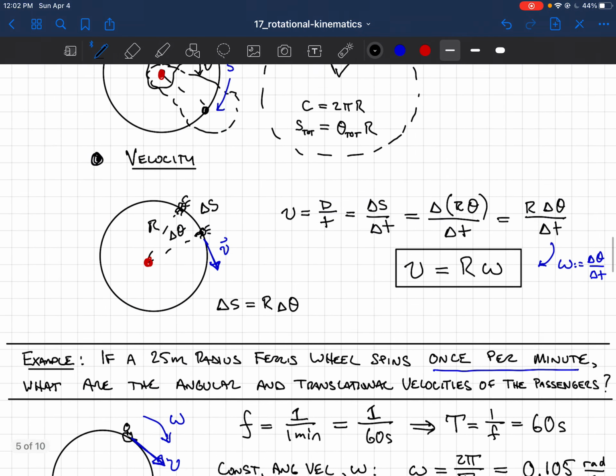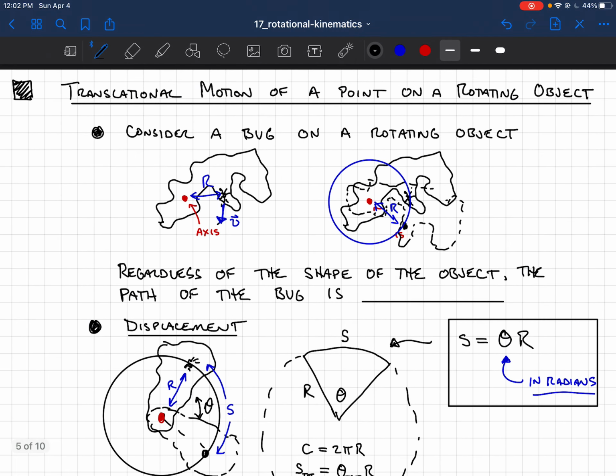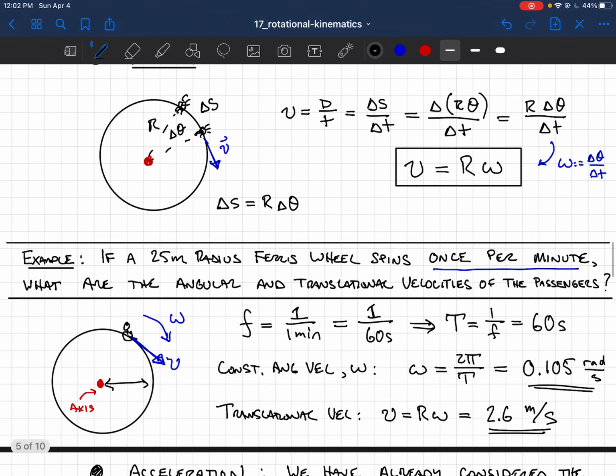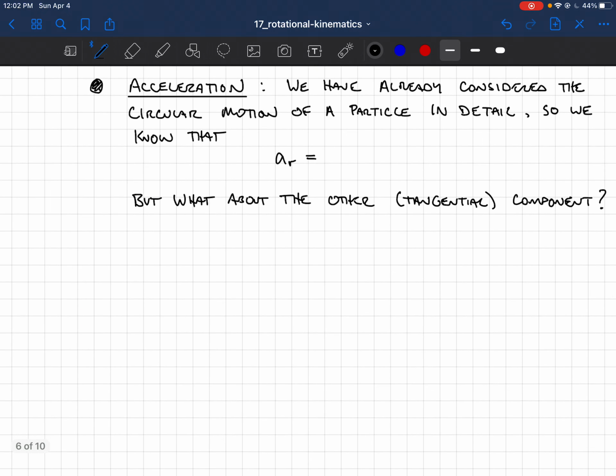Continuing on through, remember what we were doing here, we're comparing translational motion of a point to the rotation of the object. So we have one left to do, which is the acceleration. But in fact, we've almost finished this already, because we've already talked about circular motion and the acceleration of objects in circular motion.